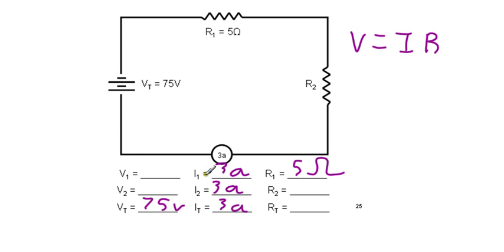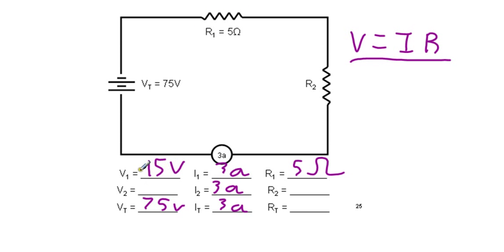And with the way I've set up the table, VIR, it matches the way I'd write out Ohm's law as V equals IR. So anytime you have 2 out of the 3 in a row, you can find the third. So if we have 3 amps and 5 ohms, we know that we have 15 volts across our first resistor.